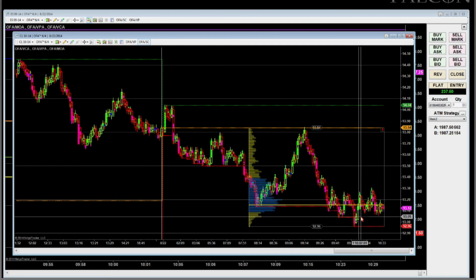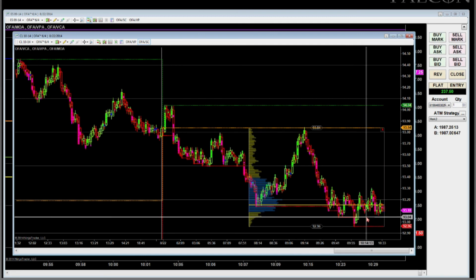If price starts to get below 93.04, that is an initial signal that we might see lower price. So I'd start watching this level at 93.04.